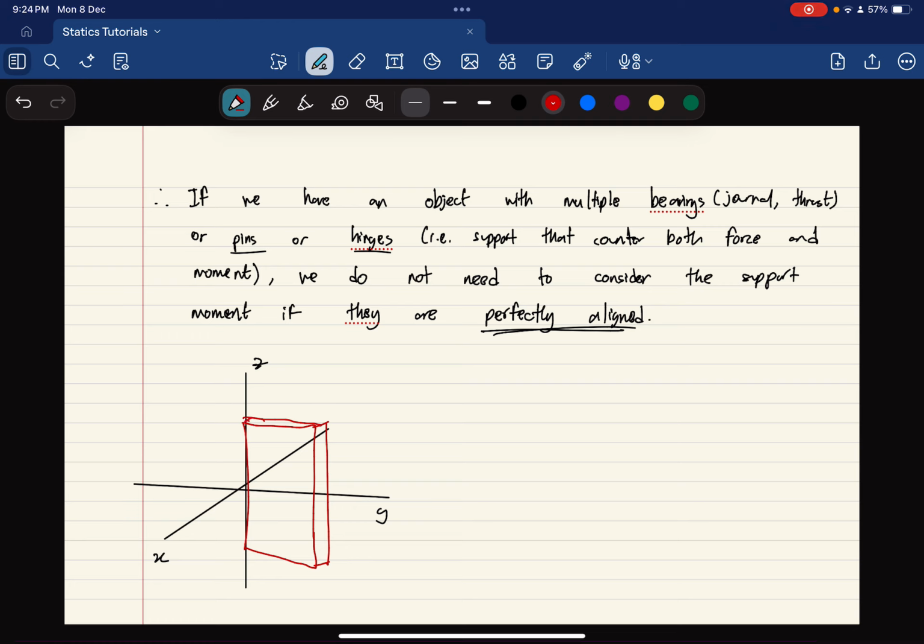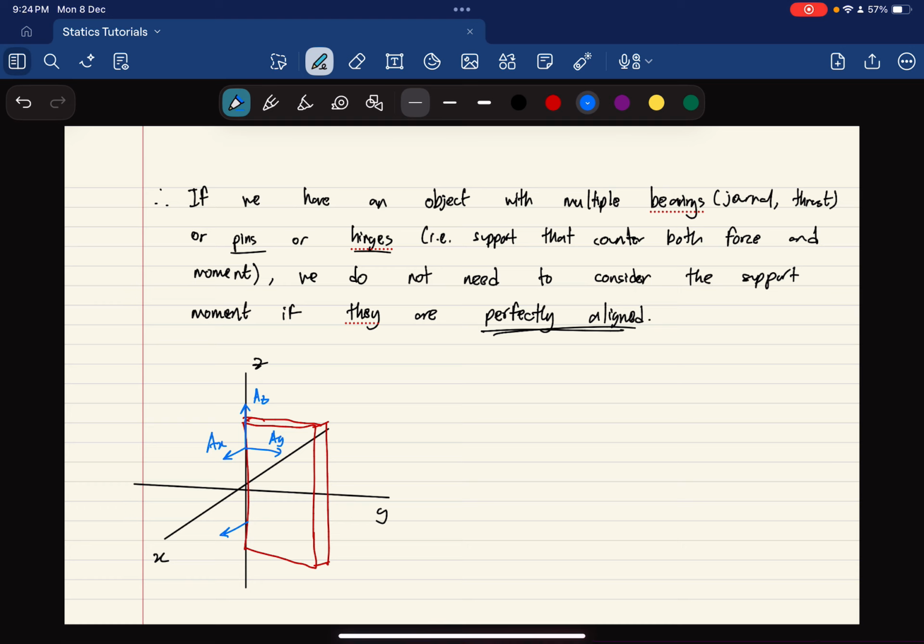It's supported by two hinges. So let's say I have hinge A, which means we have the force AX, right? It cannot go to the side. And then we also have AZ, and also here AY, because it can't move.